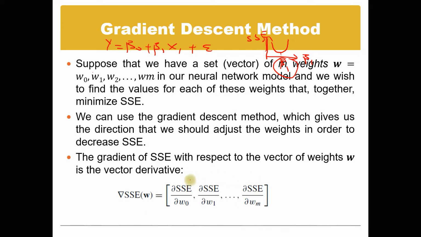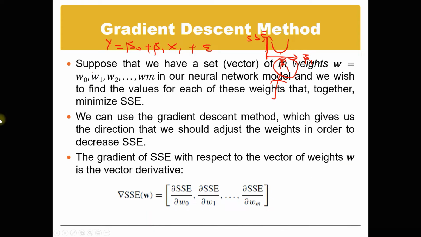The gradient descent method uses the same idea as you would have used for obtaining the beta cap 1, all right, by differentiating the sum of squared errors with respect to the weights. But in a linear regression, you differentiate with respect to the parameters, whereas here you differentiate with respect to the weights.